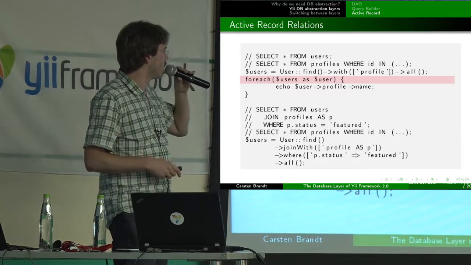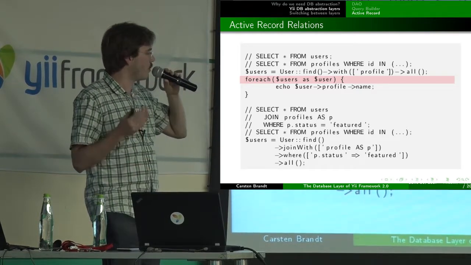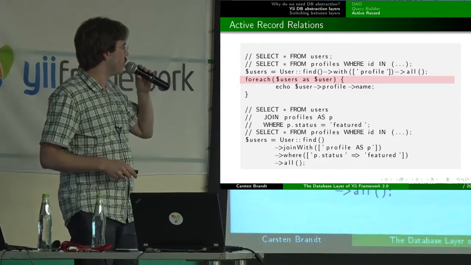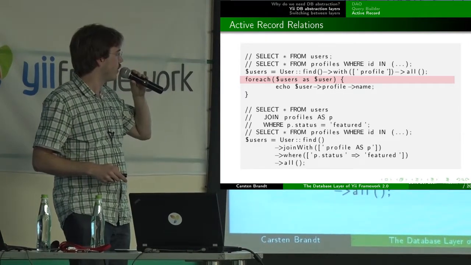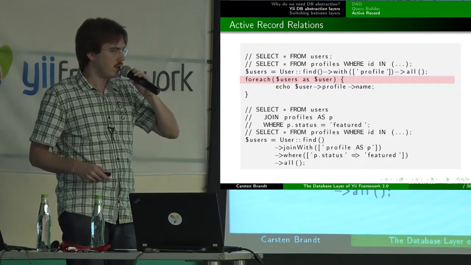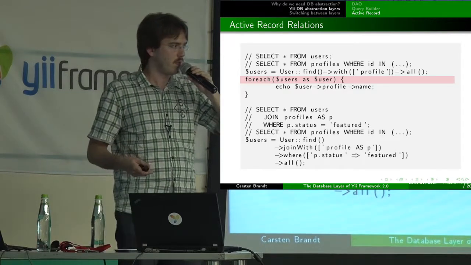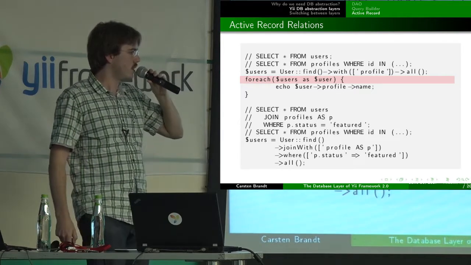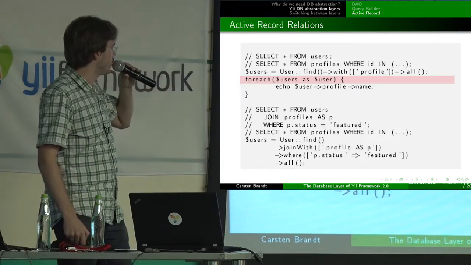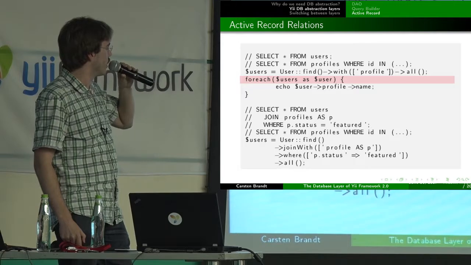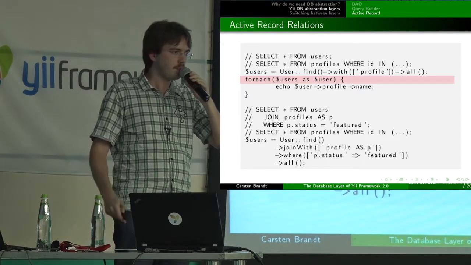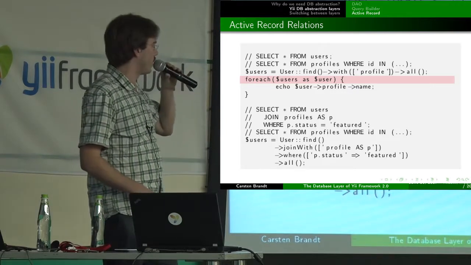So we have introduced this eager loading. We know that we want to work with profile later, and so we specify that Yii should load all the related profiles that are related to the users that we have already fetched from the database. So we get two queries in this case. The first query is selecting the users, and the second is to select the profiles that are related to these users we got. And the relation is automatically populated.